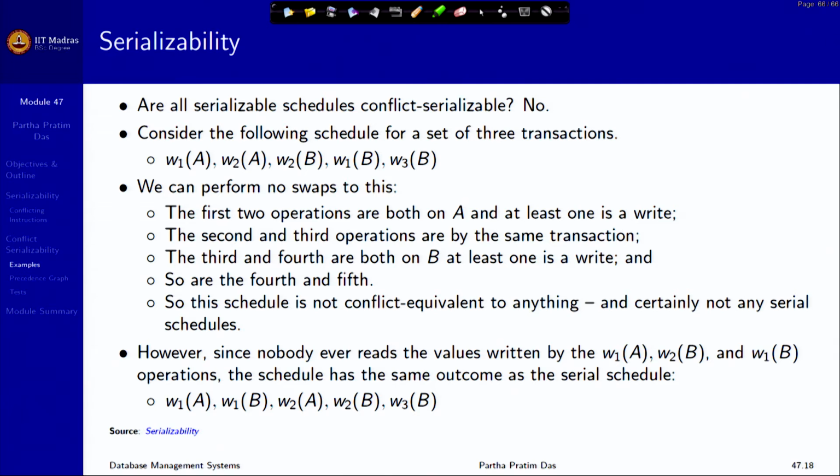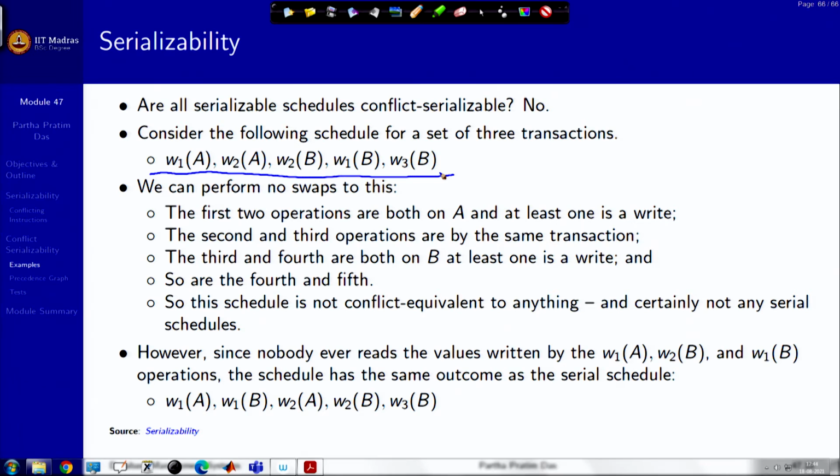So, conflict serializability is a sufficient condition, but does there exist serializable schedules which are not conflict serializable? Yes, unfortunately there does. For example, look at this.